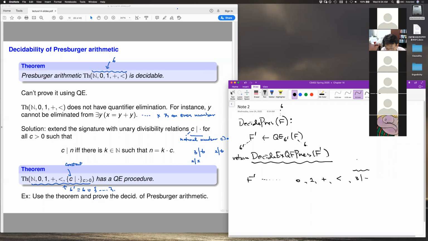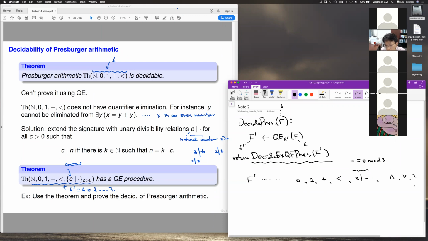This is nothing but, in a normal programming language, something mod 3 equals 0. So yes, we do the natural division and see whether the remainder is equal to 0 or not. And then because it's a formula, we may have a conjunction, disjunction, and negation.